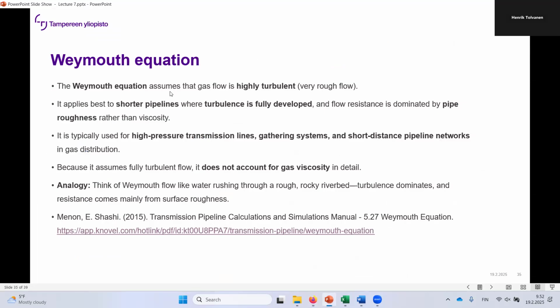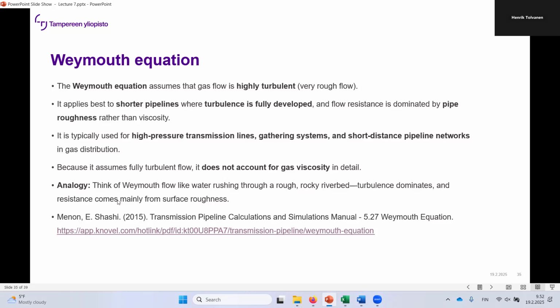The Weymouth assumes that the gas flow is highly turbulent, very rough, and applies best to short pipelines. Turbulence has to be fully developed, and flow resistance is dominated by pipe roughness rather than viscosity. So high pressure transmission lines, gathering systems in short distance pipe networks.